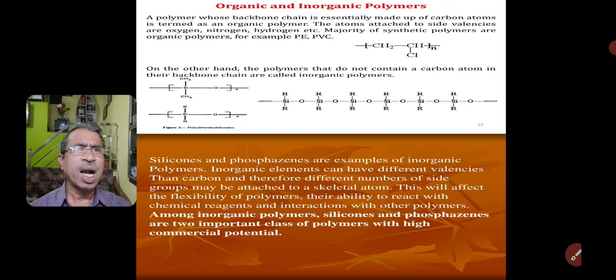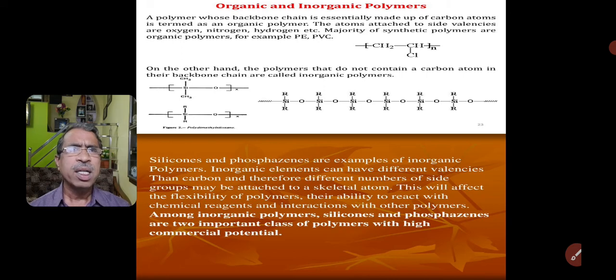The atoms attached to side valencies are oxygen, nitrogen, hydrogen, etc. The majority of synthetic polymers are organic polymers. For example, polythene, polyvinyl chloride. These are all examples of organic polymers, which contain the carbon backbone.